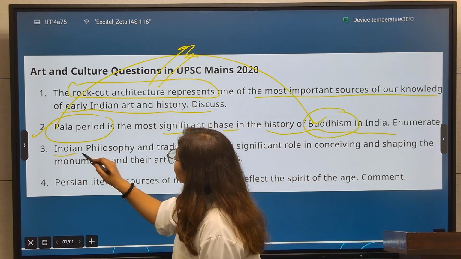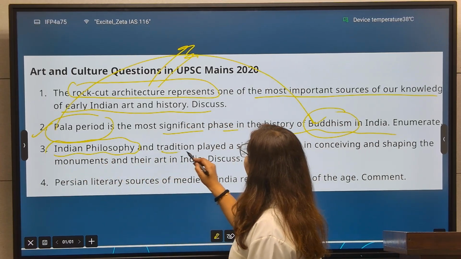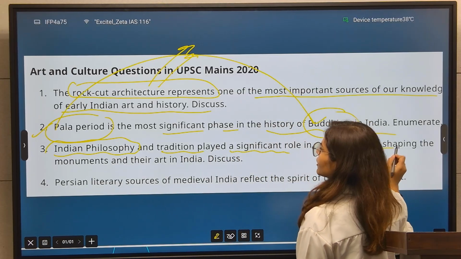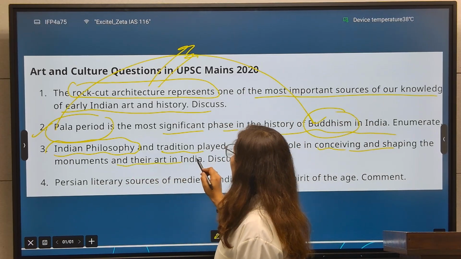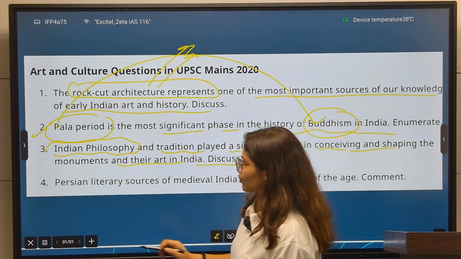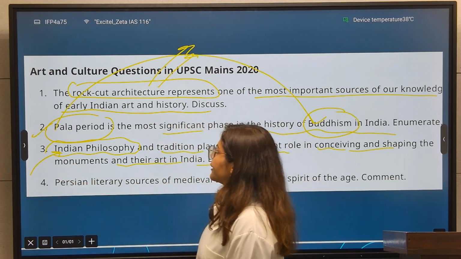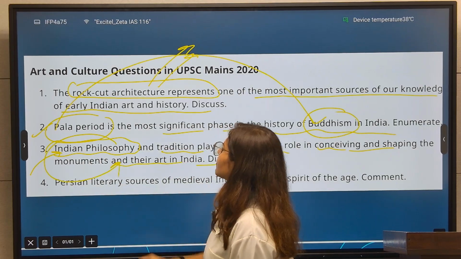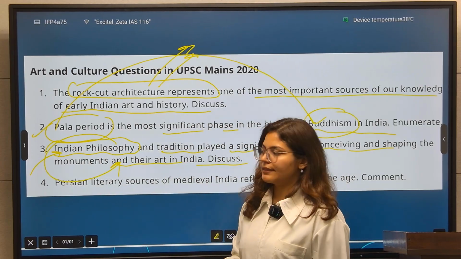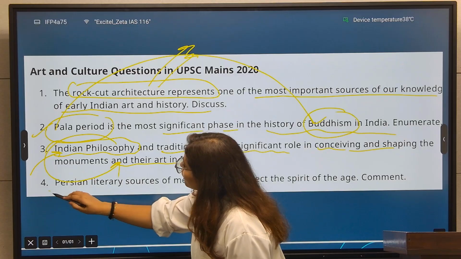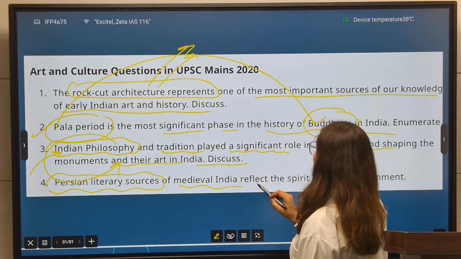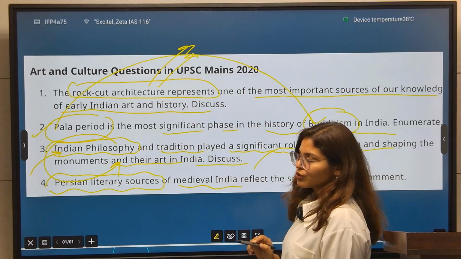Again, Indian philosophy and tradition play a significant role in shaping the monuments and their art in India, discuss. So the question is on how Indian philosophy shapes monuments and their art in India. A question was also on how Persian literary sources of medieval India reflect the spirit of the age.